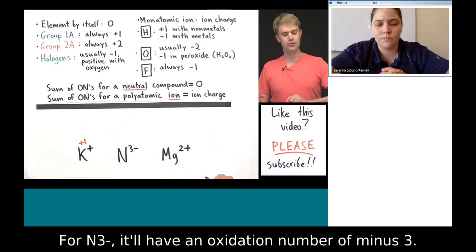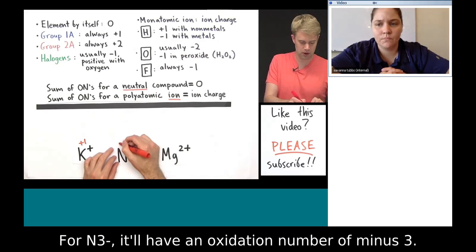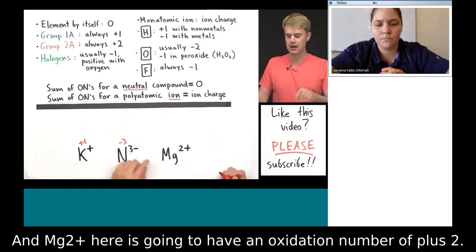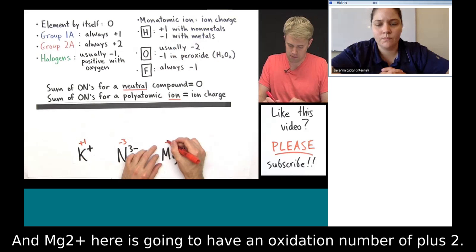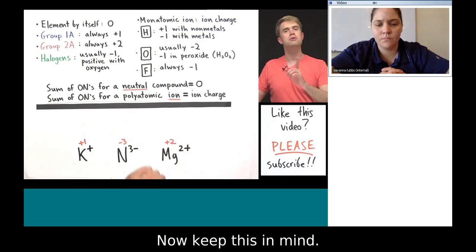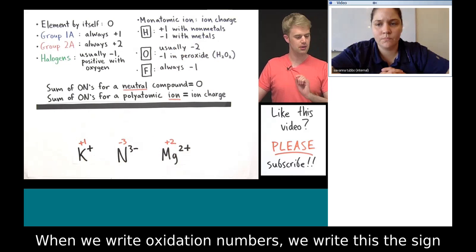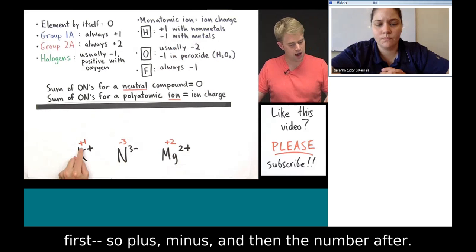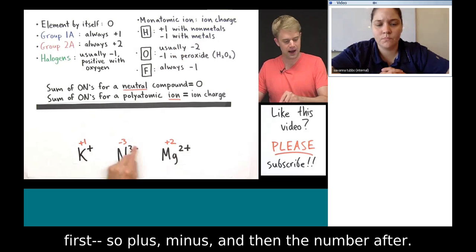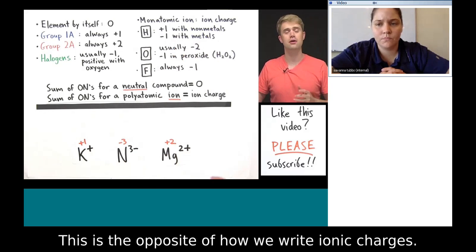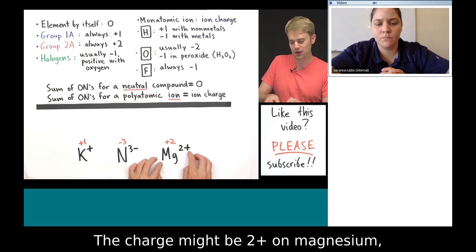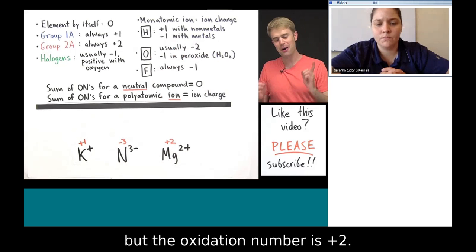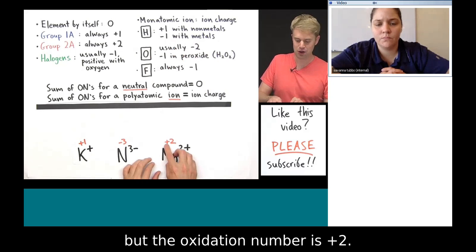For N3 minus, it'll have an oxidation number of -3, and Mg2 plus here is going to have an oxidation number of +2. Now keep this in mind, when we write oxidation numbers, we write the sign first, so plus, minus, and then the number after. This is the opposite of how we write ionic charges, so just keep that in mind. The charge might be 2+ on magnesium, but the oxidation number is +2.